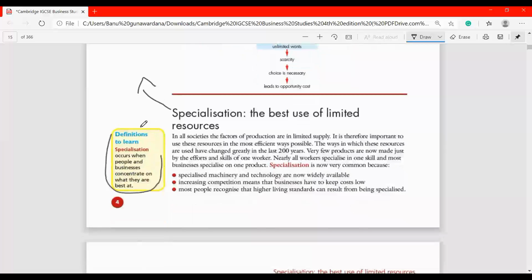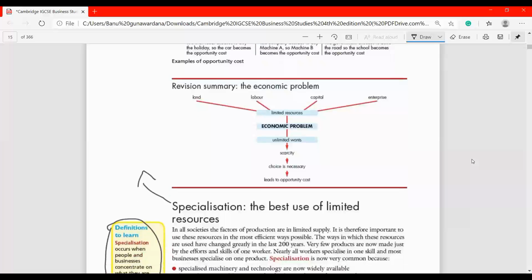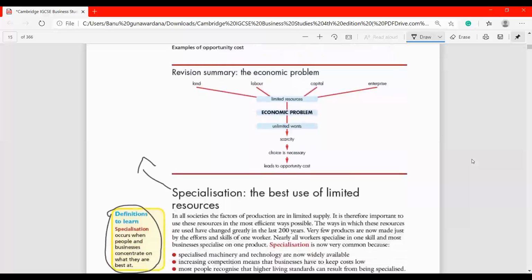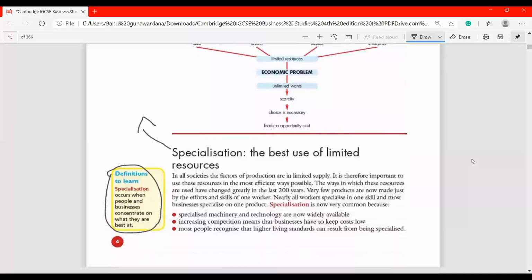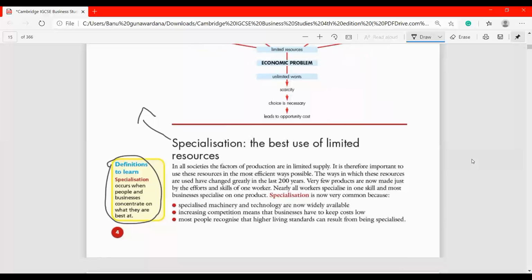In order to overcome these limited resources, certain businesses will be thinking about what they are best at. As in the previous example, if a person has the choice to either produce bakery items or dairy items, he or she must come to a conclusion thinking about what he or she is best at, either producing dairy items or bakery items.